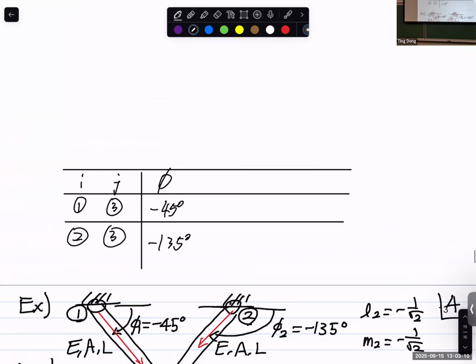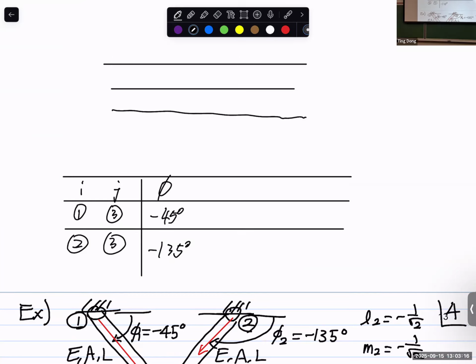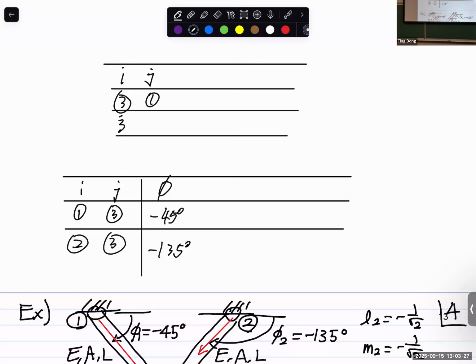Let's say your friend does it this way, with node I and node J: I use 3 to 1, and 3 to 2. It's also correct, but now the phi angle will be different.